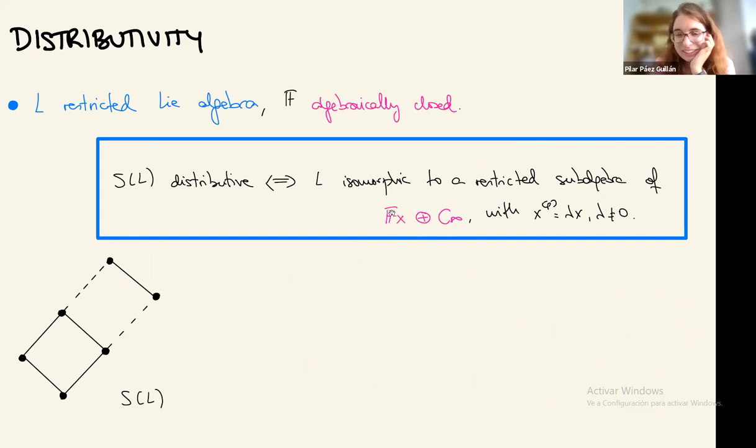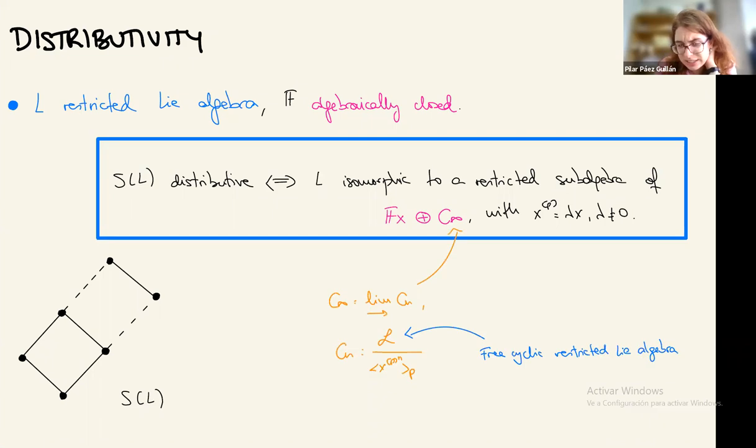Which is this algebra? It will be a direct sum of a one-dimensional restricted subalgebra, generated by the linear span of one element x, such that x to the p will be a non-trivial multiple of it, and this restricted Lie algebra, which I denote here by C sub infinity. Which is it?